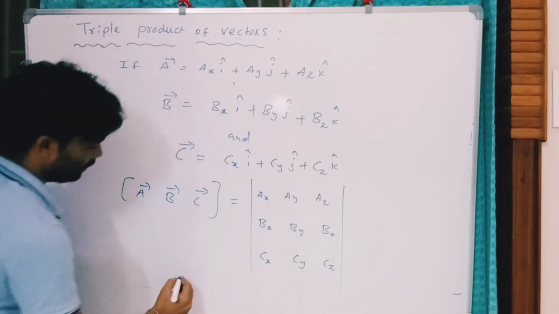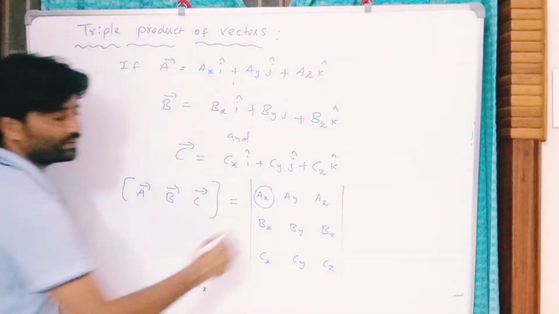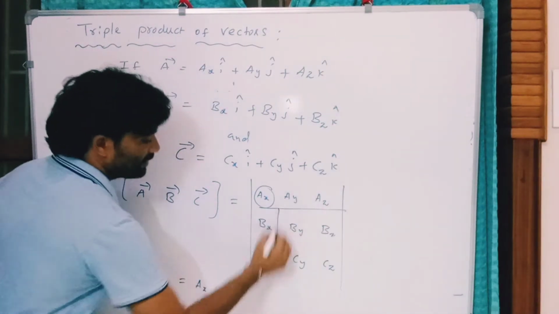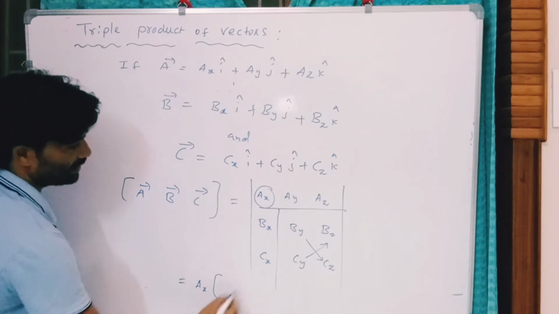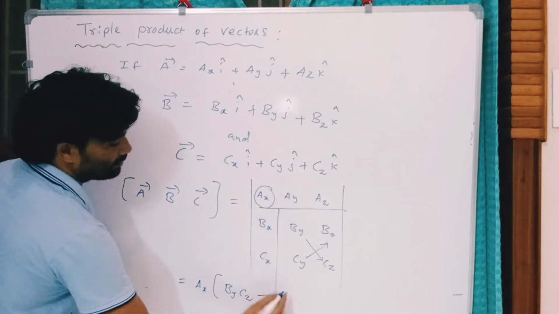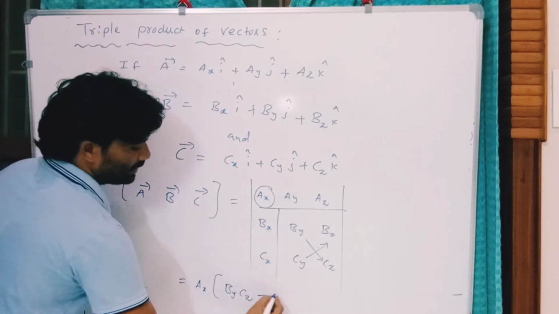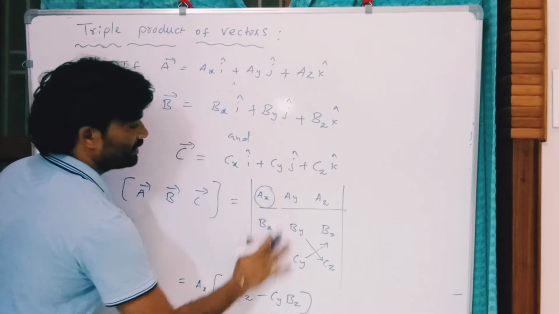Now first let us take the AX term. When you take AX, leave this row and this column. Then do AD minus BC. What is that? BY CZ minus CY BZ.